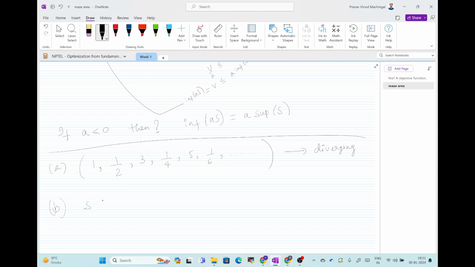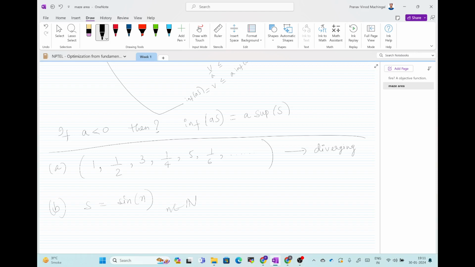What about sine of n? Is this converging? No, it's not converging.